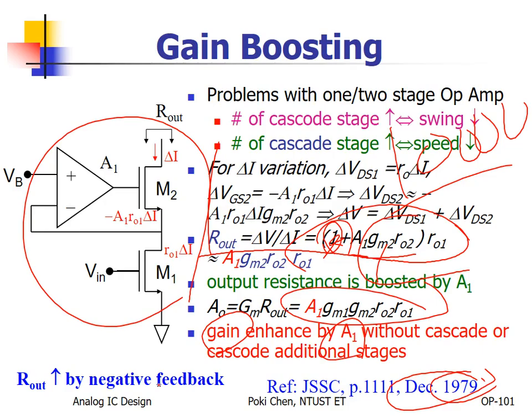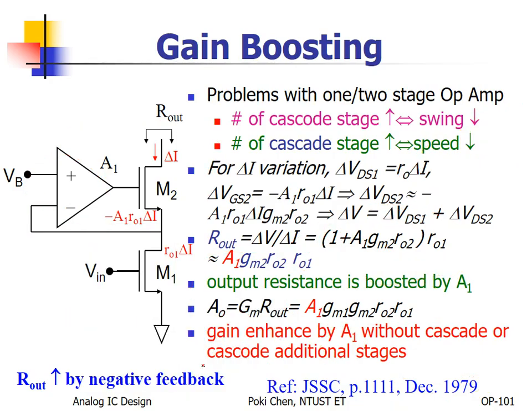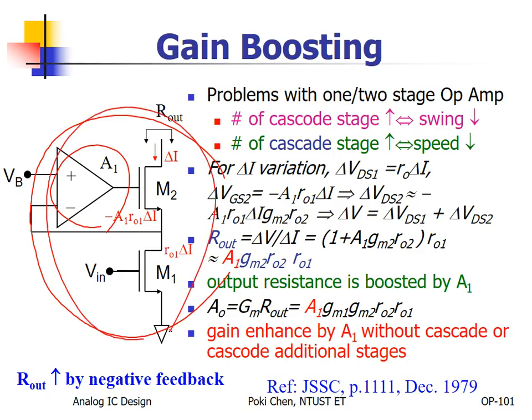Let's go back. You may be curious how to make it. Does it need another op-amp? Don't forget, this is only 1/4 of the very high gain op-amp. Even for such a 1/4 circuit of your op-amp, do you need another op-amp? Sometimes yes.